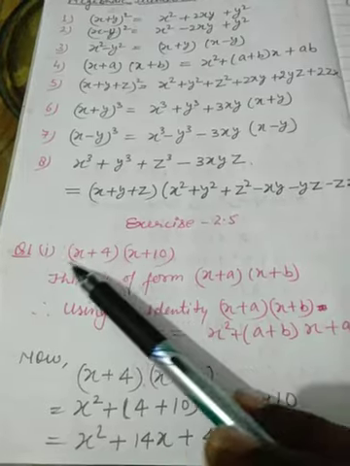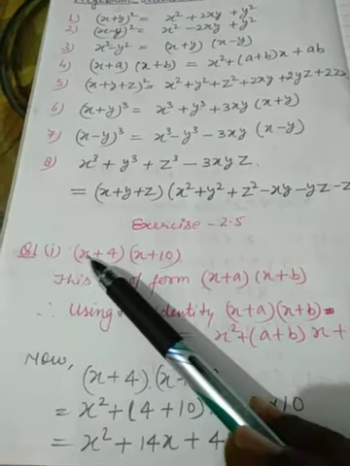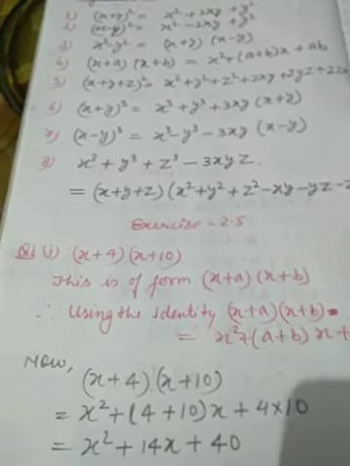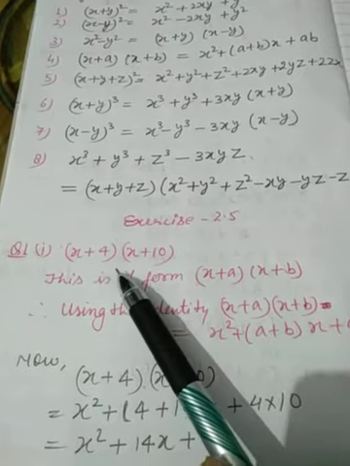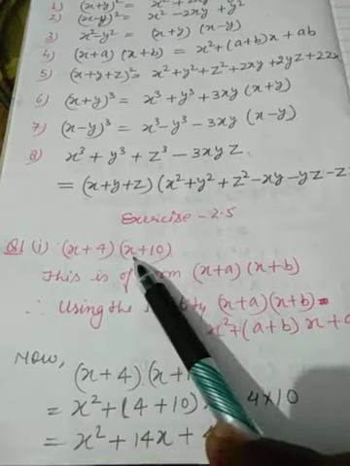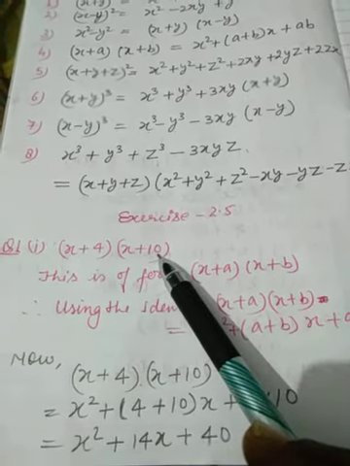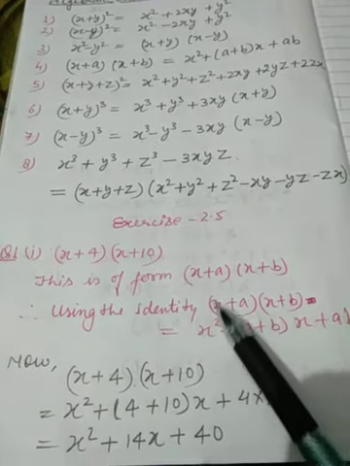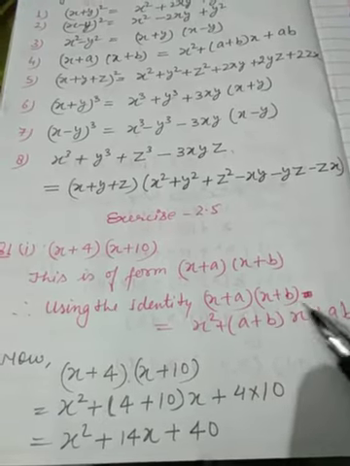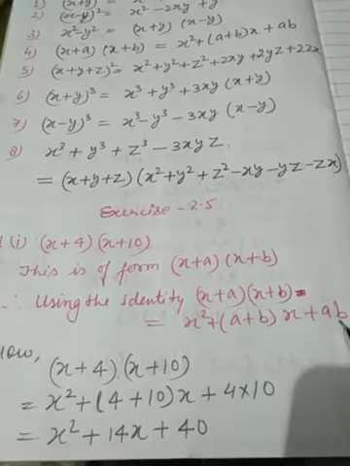So I took one question as question number 1, first part. It is given in the form of x plus 4 into x plus 10, right? If you look at this question, you will observe one thing: x plus 4 and x plus 10, if you take 4 as a and 10 as b, then this is in the form of the identity x plus a into x plus b equals x square plus a plus b into x plus ab.